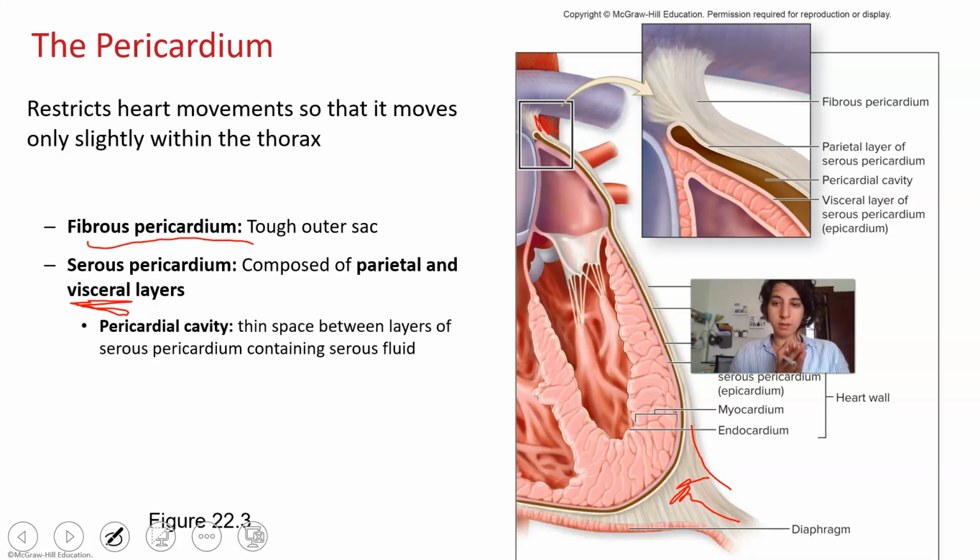They produce some kind of fluid, right? Serous fluid. And that fluid goes in between the parietal and the visceral layers, right? And that fluid functions to maintain lubrication, right? And it is in between the parietal and the visceral layers.